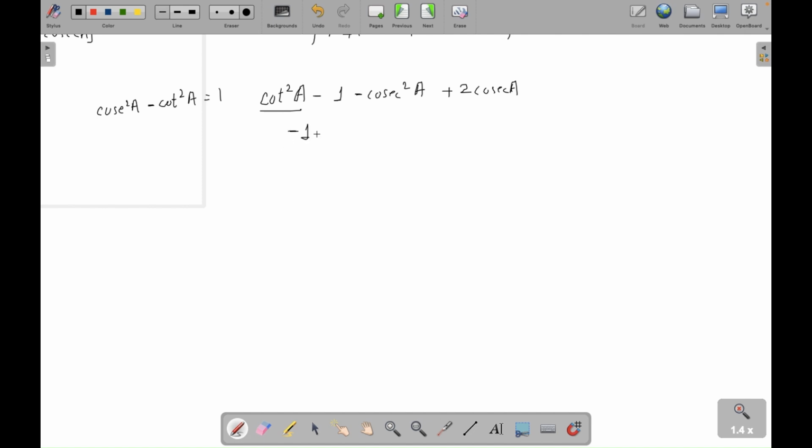So we'll write minus 1 plus 2 cosec A. So this becomes 2 cosec A minus 2.